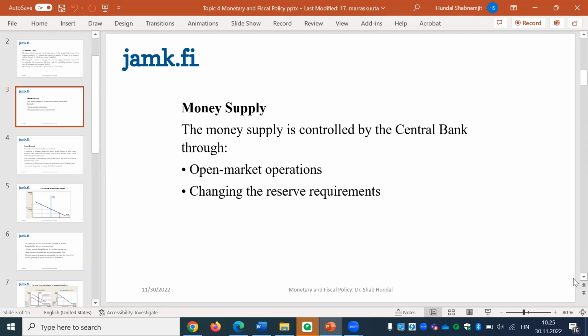The second one is changing the reserve requirement. Let me give you an anecdotal account.